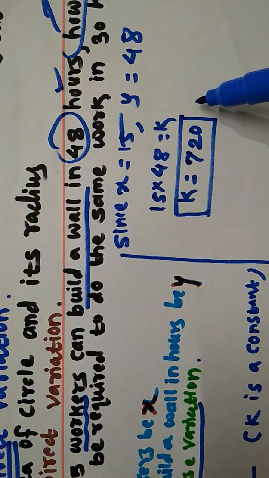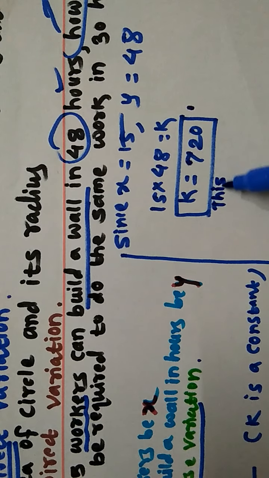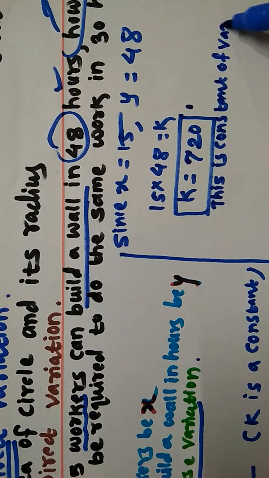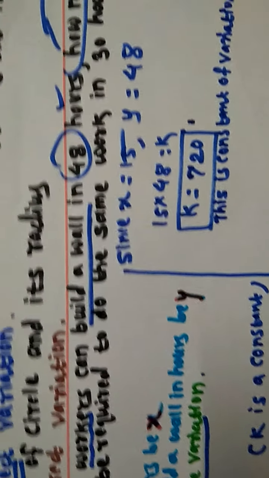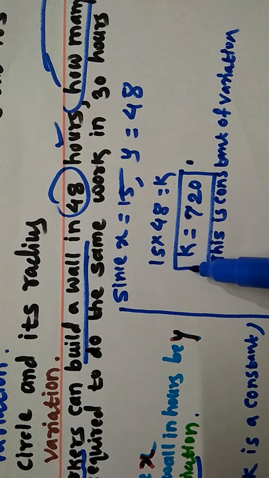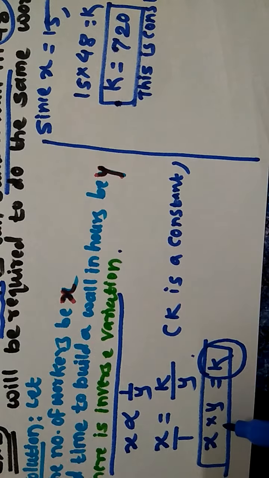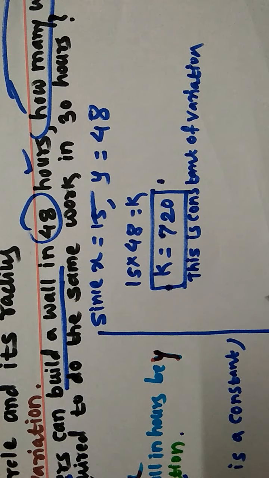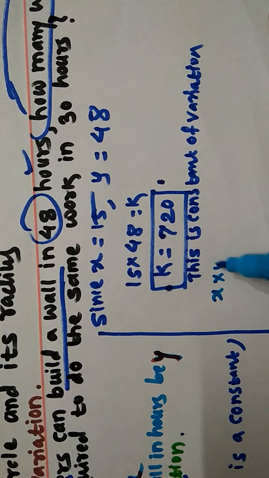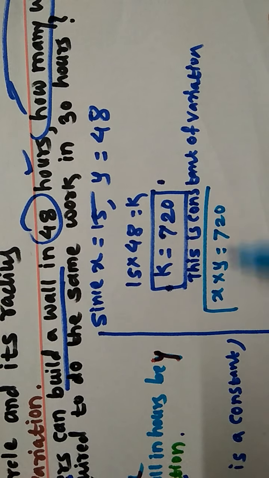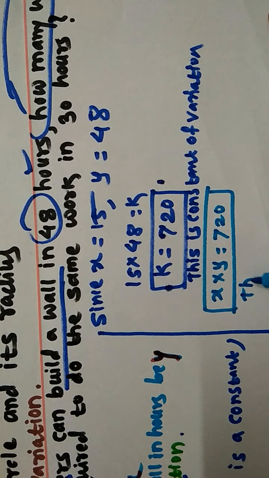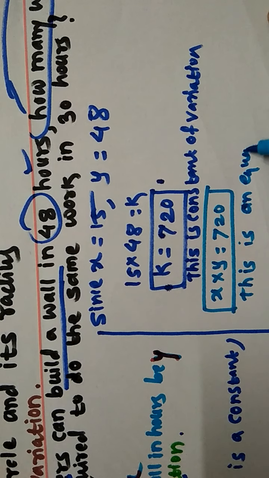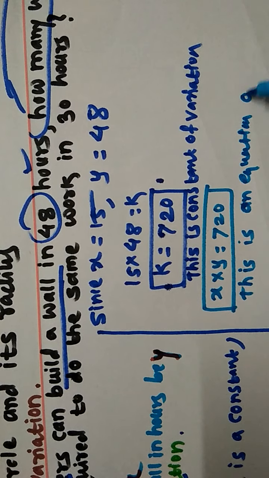This is the constant of variation. Remember that. Now putting this value in the equation, we get x into y is equal to 720. Remember that this is the equation of variation.